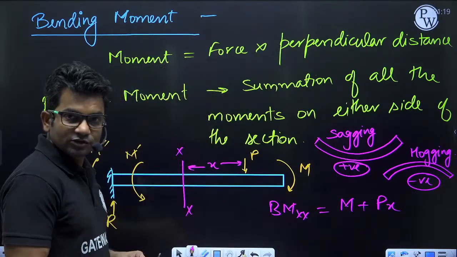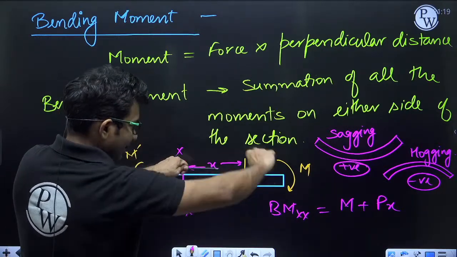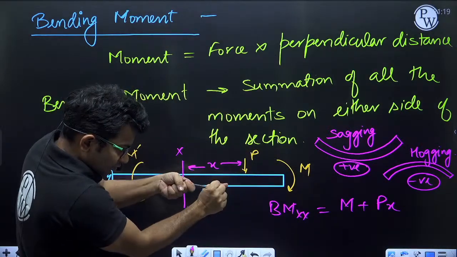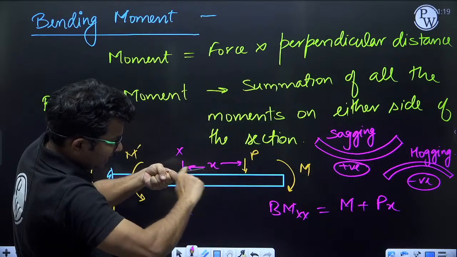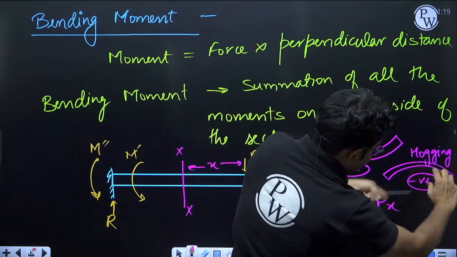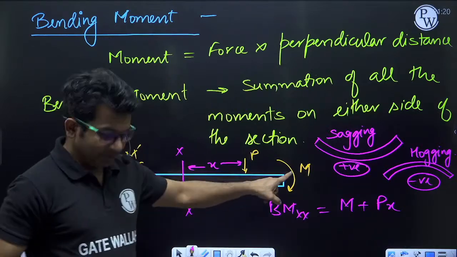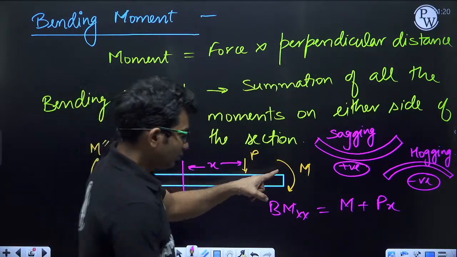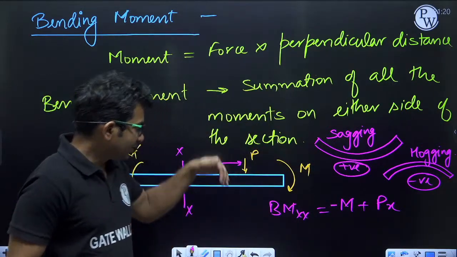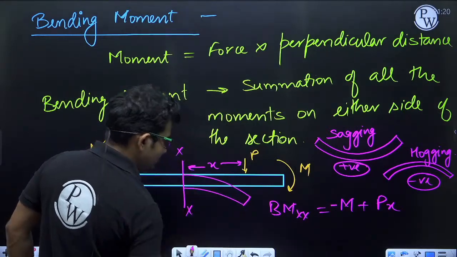In case of any confusion, take an imaginary beam, hold it at this section, and rotate it in whatever manner this moment is trying to rotate. You will see at the top you are getting tension and at the bottom compression, and it is getting bent like this, so it will be negative. So I will put a minus sign here.